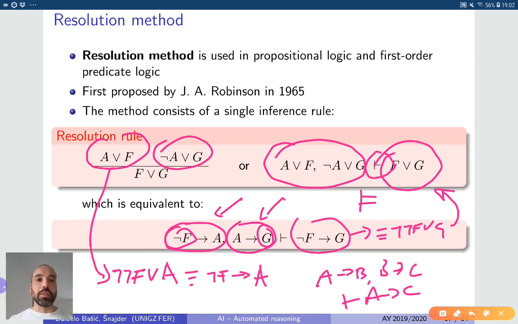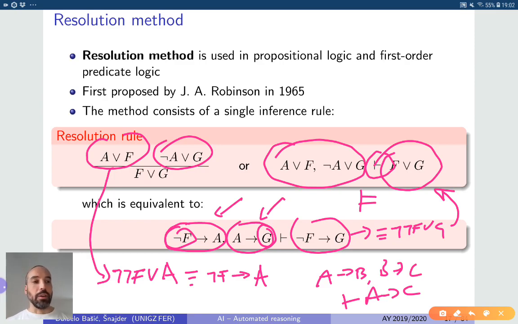So you see, I can actually relate the resolution rule to the rules of natural deduction, which by the way are sound as well. So that's one way to prove the soundness of the resolution rule by referring to natural deduction rules.